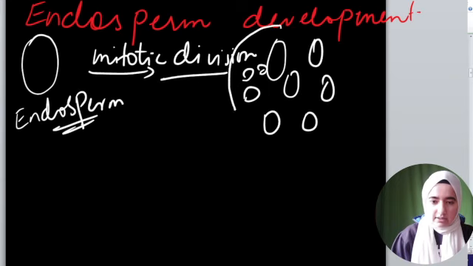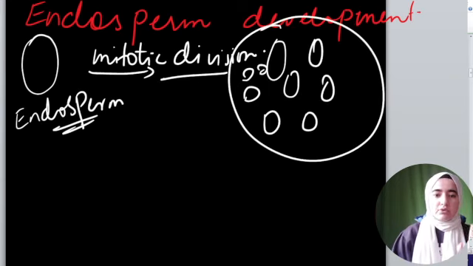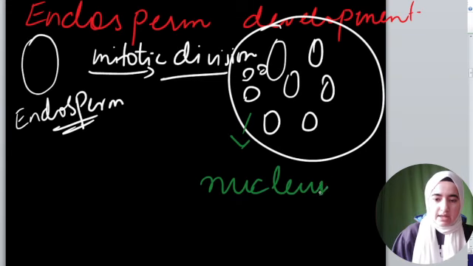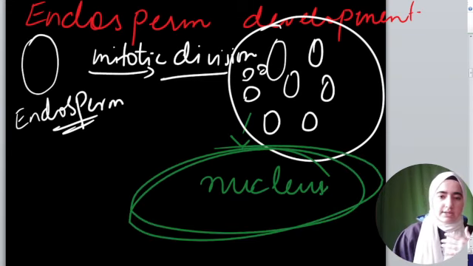But initially it won't form cells. It will form nuclei, and these nuclei will be in a single cell. Cell wall formation will not proceed after mitotic division.